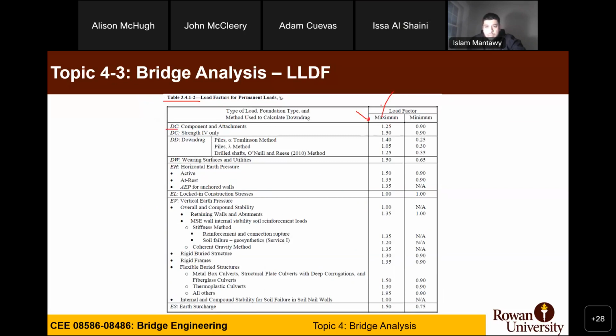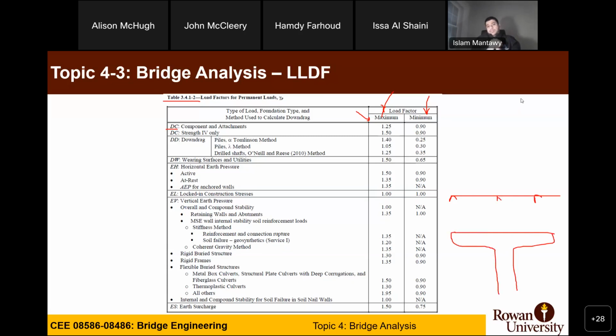Okay, Hamdi, do you know why we have maximum and minimum here? I believe it's gonna be helpful if we have a multi-span or continuous beam. For example, if we have a bent with an overhanging. So in this way, we have to use it for dead load, if we need to consider the maximum bending moment.